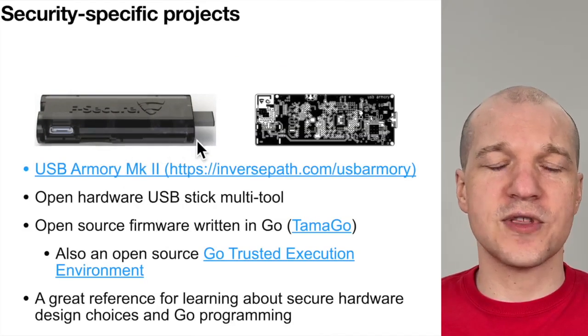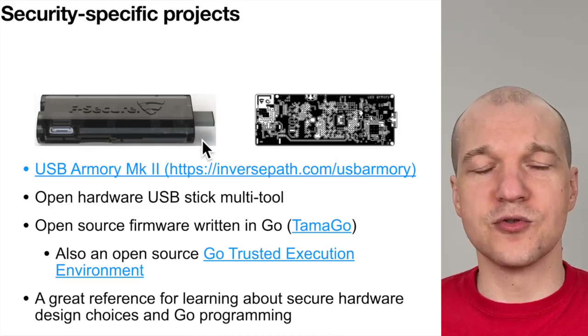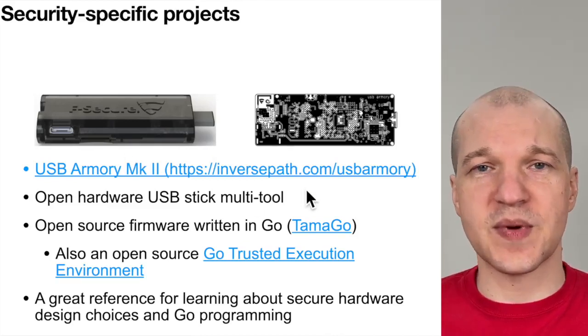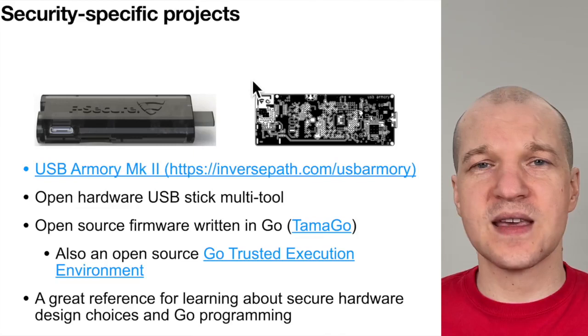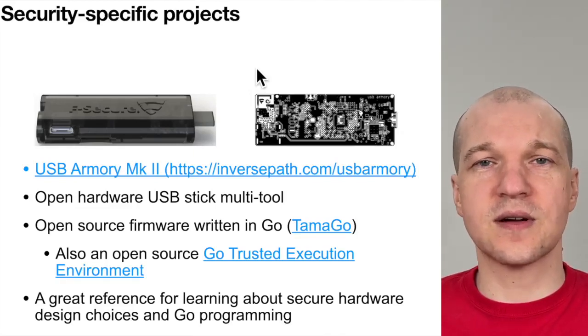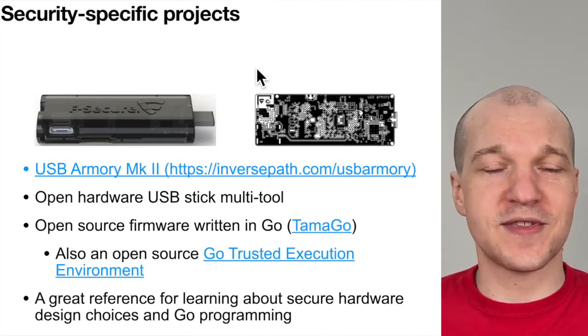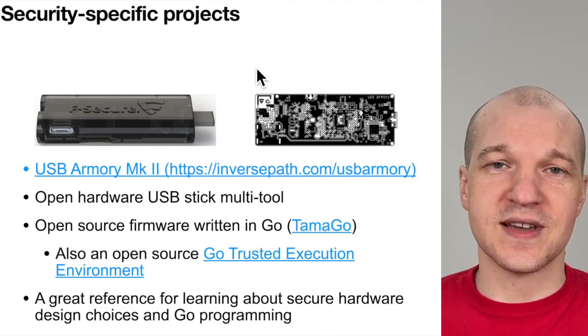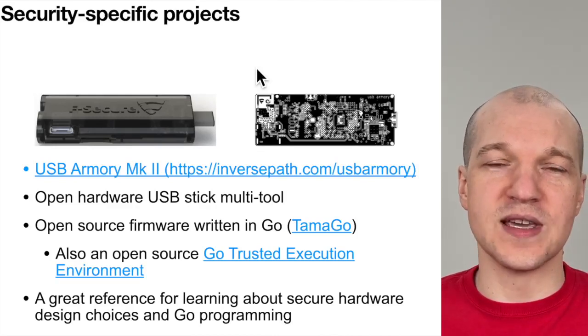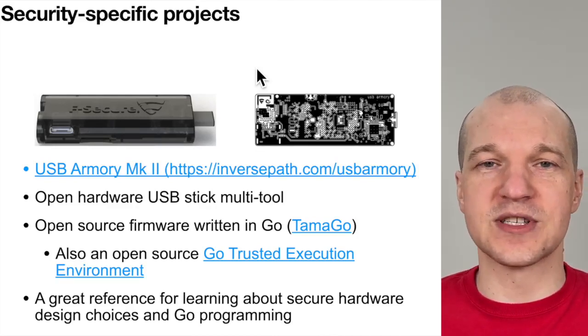So for the USB Armory Mark II, which is made by Inverse Path, now part of F-Secure, this is an open hardware project for a secure USB drive type device. But of course it's way more than that because they designed it to be sort of securely designed and to be an open platform for other experimentation.